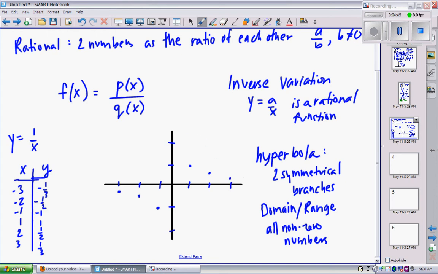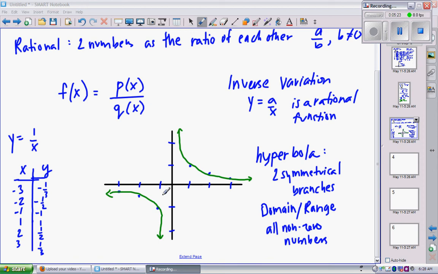When you connect your points, your graph is going to look something like this. This is a hyperbola. You've got two symmetrical branches, and it's never going to equal x equals 0, and it's never going to have y equals 0. Those are your two rules here.